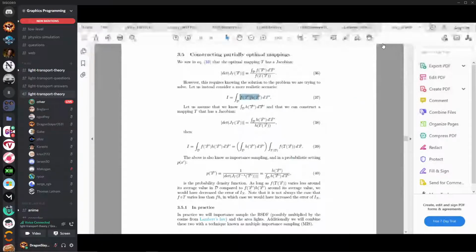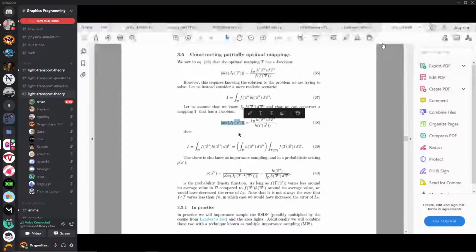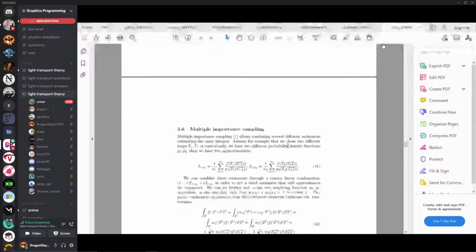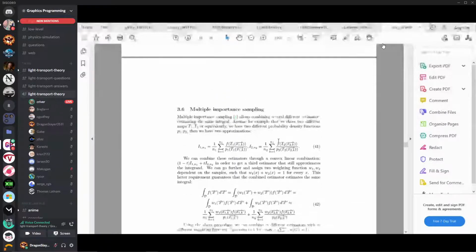So what you can do is integrate that and make one estimator, then integrate that and make another estimator, with two probability density functions, or equivalently two Jacobians, and combine the two estimators using multiple importance sampling. And we'll see what this is right now. I think we should do a 5-minute break right now because 25 minutes passed. So see you in 5 minutes.